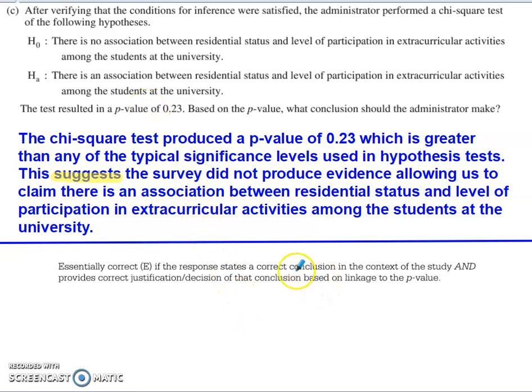So we check all the boxes here. Conclusion is correct. We're not in a spot to side with the alternative. We are in context, and we have written a conclusion that is non-deterministic with a direct reference to the p-value being too high to side with the alternative.